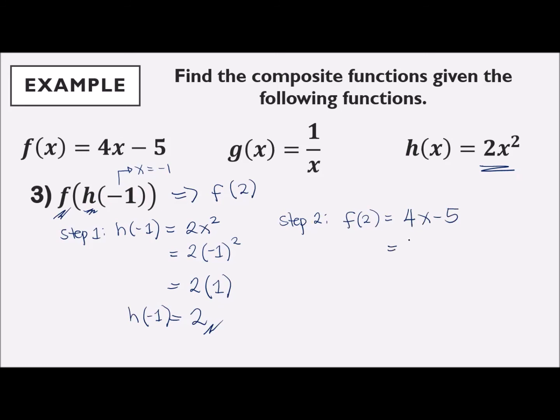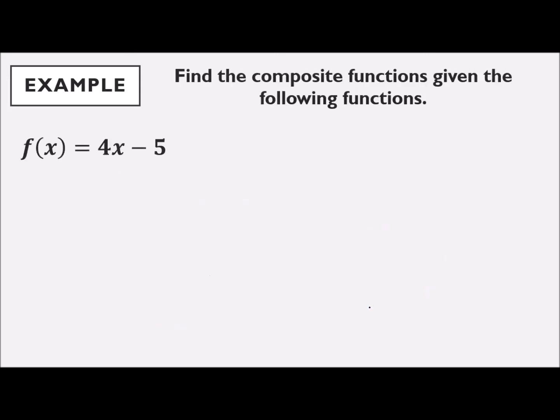Then, lahat ng x palitan ng 2. Then, simplify. 4 times 2, the answer is 8. Then, minus 5. And 8 minus 5, the answer there is 3. So, f of h of negative 1, the answer here is 3. Okay? I hope you're doing it. Last example.